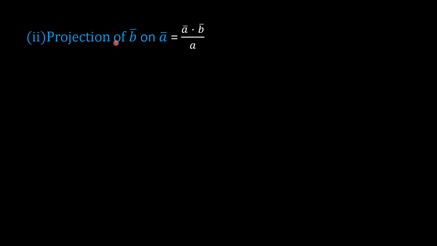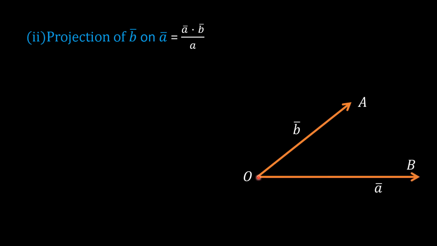Now projection of B bar on A bar will be A bar dot B bar divided by A. Projection of B bar on the line of action of A bar will be OM. Now A bar dot B bar is 13 and A is root 26. These two values we have already found out. We will rationalize the denominator.